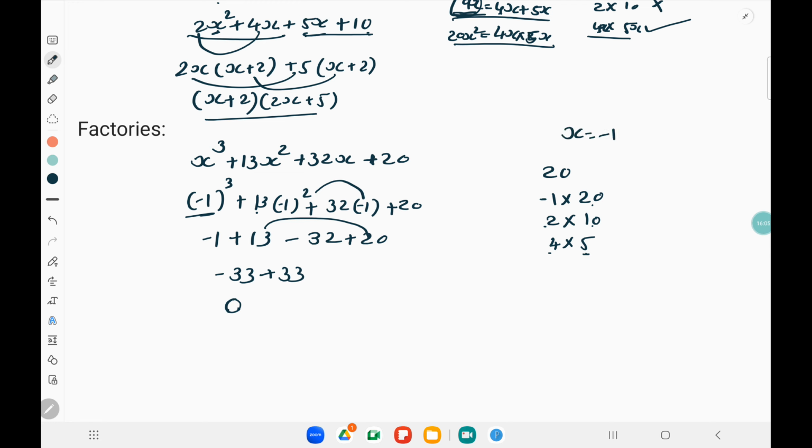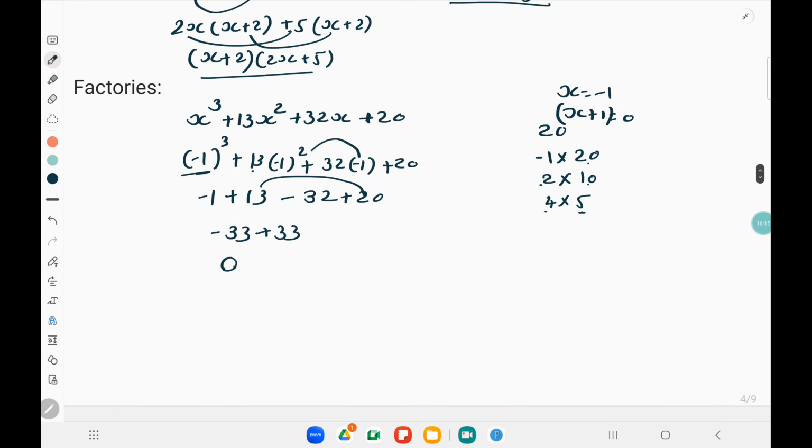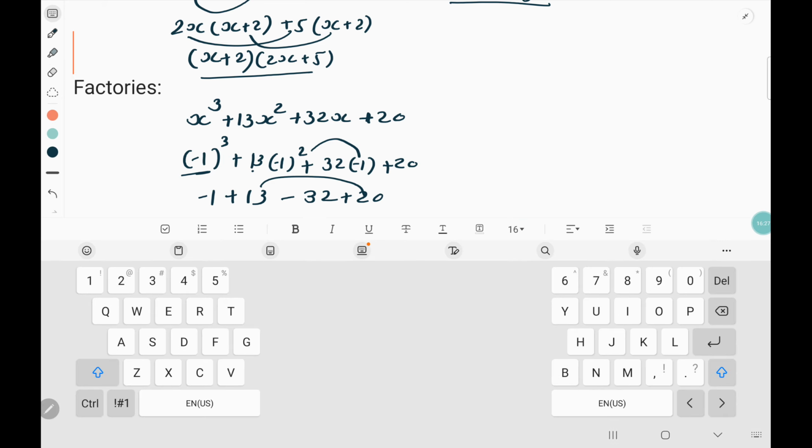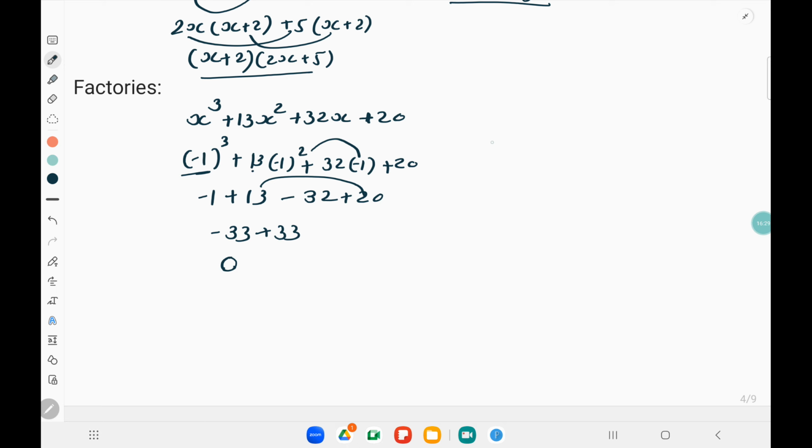So the value of x is minus 1. It means x equals minus 1, so x plus 1 equals 0. So one factor we got here, right? So for that, what should we do here? We do the division. Let me clear here so we can use this space.